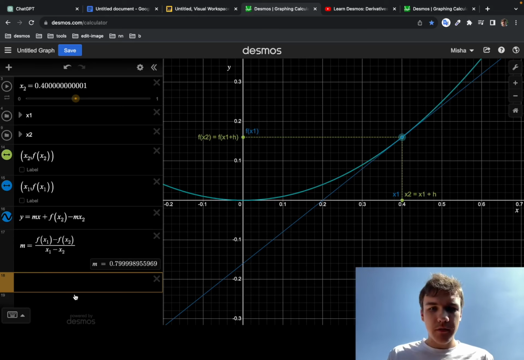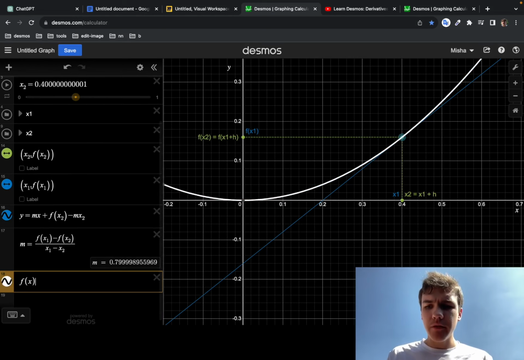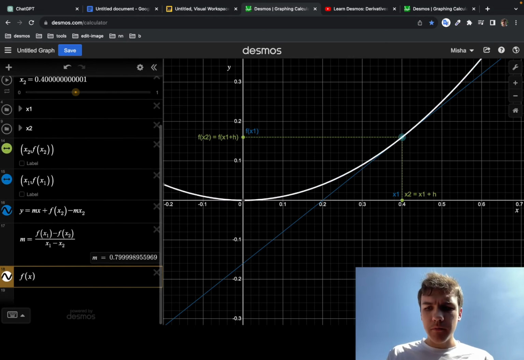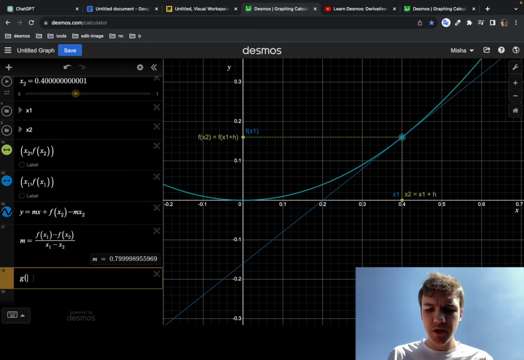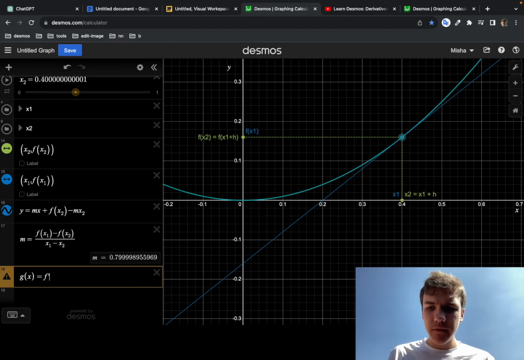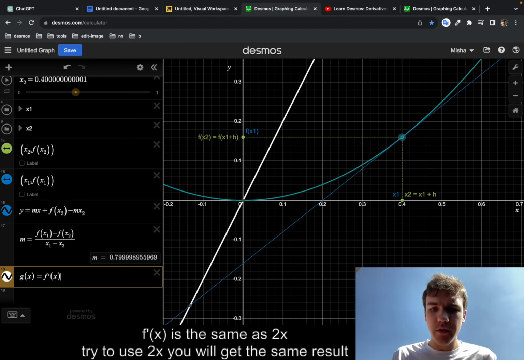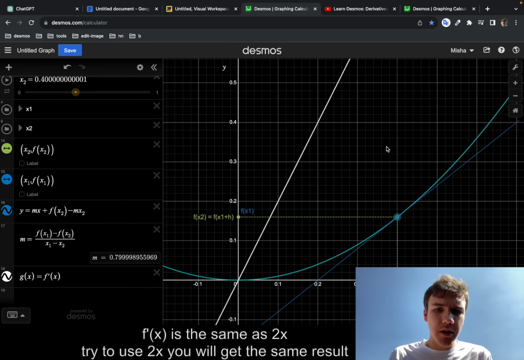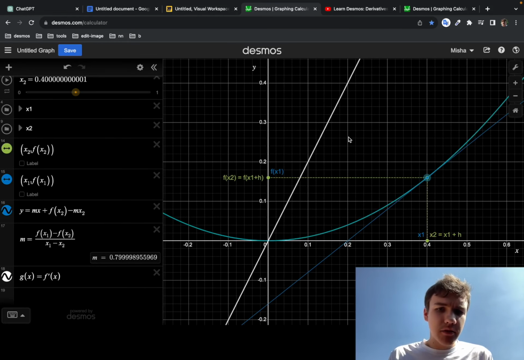So the derivative of the parabolic function is f of x. Actually, let's make it g of x equal to f dash of x, as you remember. So this is the derivative of the parabolic function.